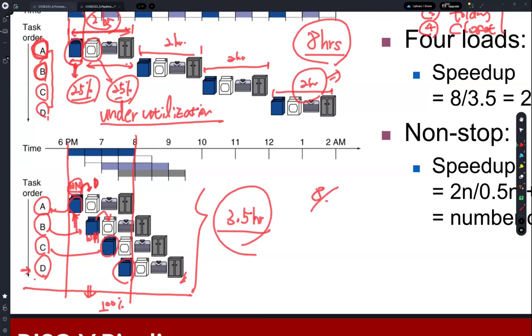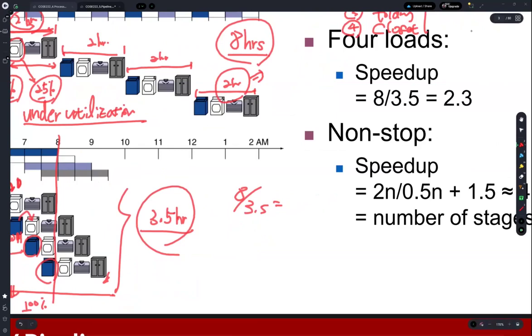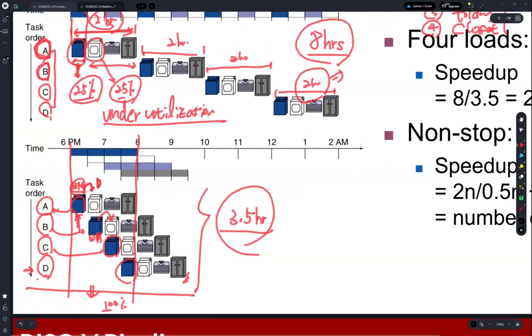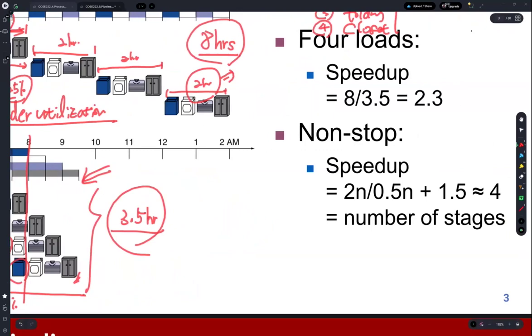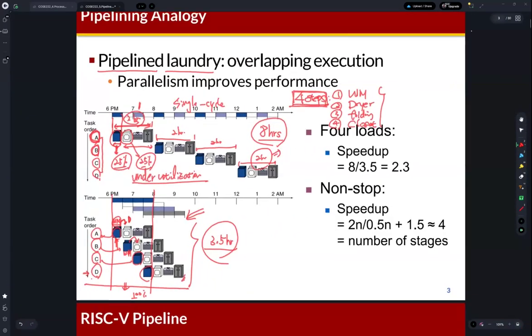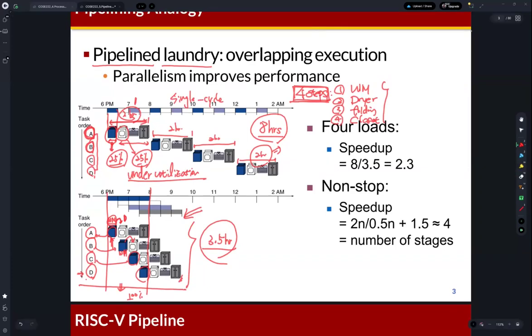Speed up is 8 divided by 3.5, and it's approximately 2.3, right? So if we use this pipelining manner, then what is the benefit? We can improve the performance for multiple tasks, right? I just mentioned that for multiple tasks, if we just apply pipelining, we can improve the performance.